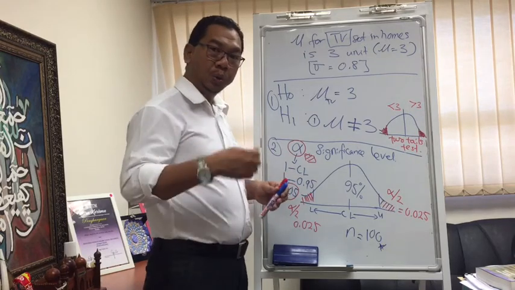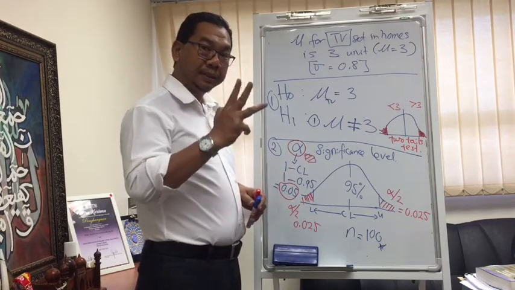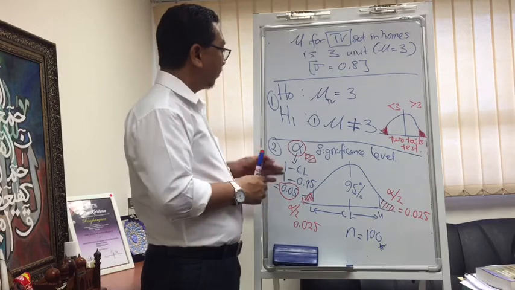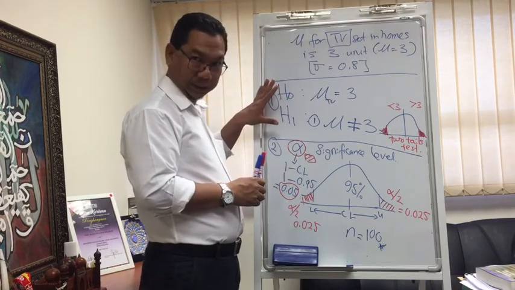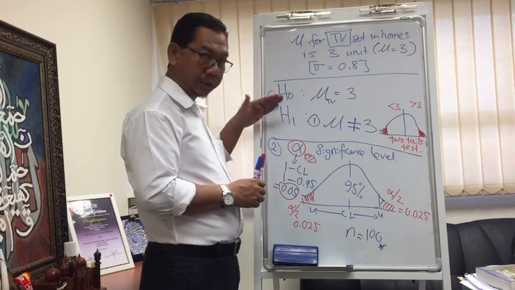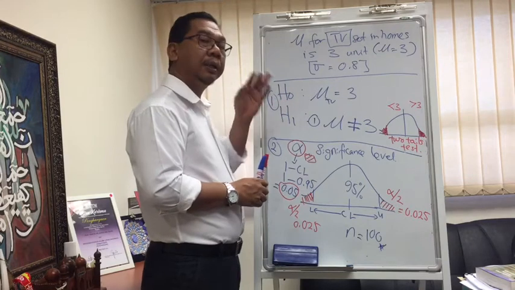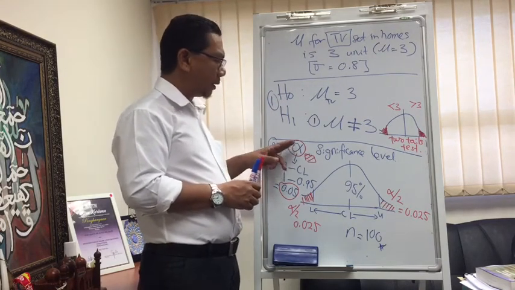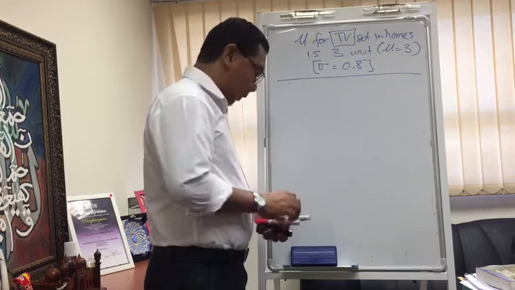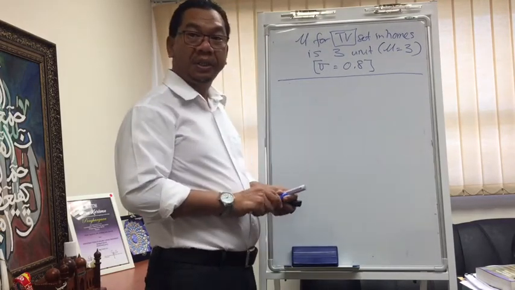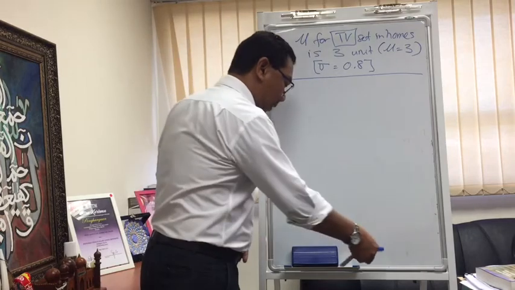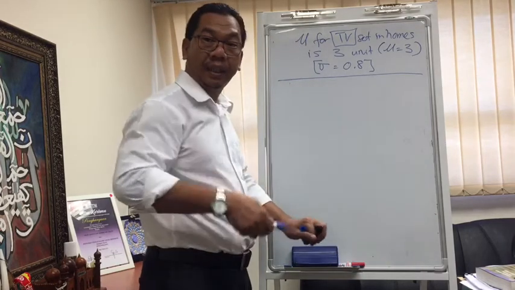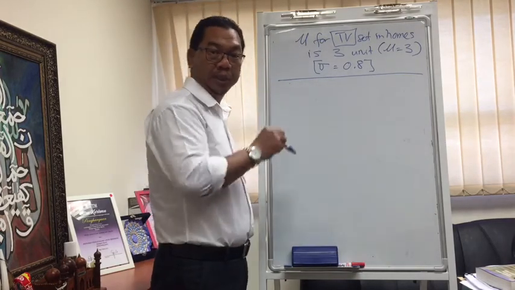Now we are ready to go to the third step. The first is stating the null and alternative hypothesis. The second one is identifying the significant level. The third step is to determine the appropriate technique. What kind of statistical technique are we going to use to test this?